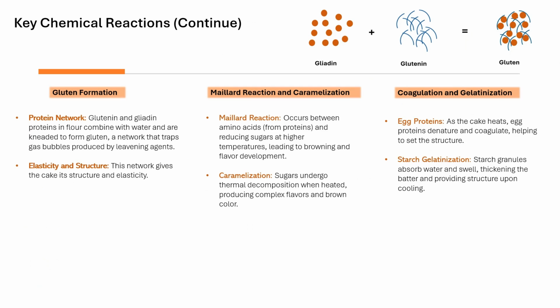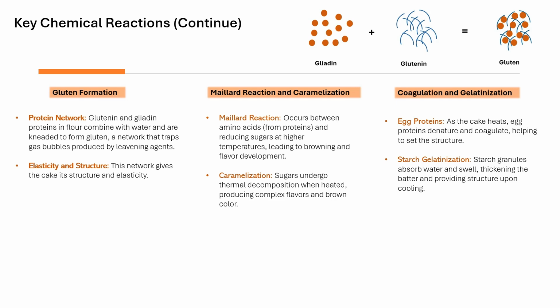The key chemical reactions in addition to gluten formation: the Maillard reaction, coagulation and gelatinization. The Maillard reaction occurs between amino acids and reducing sugars at higher temperature, which leads to browning and flavor development. Caramelization. Sugars undergo thermal decomposition when heated, producing flavors and brown color.